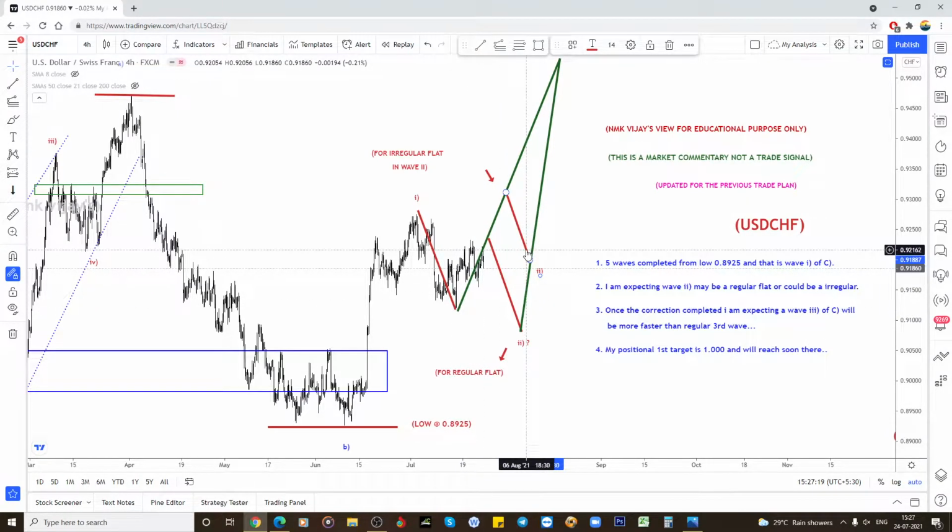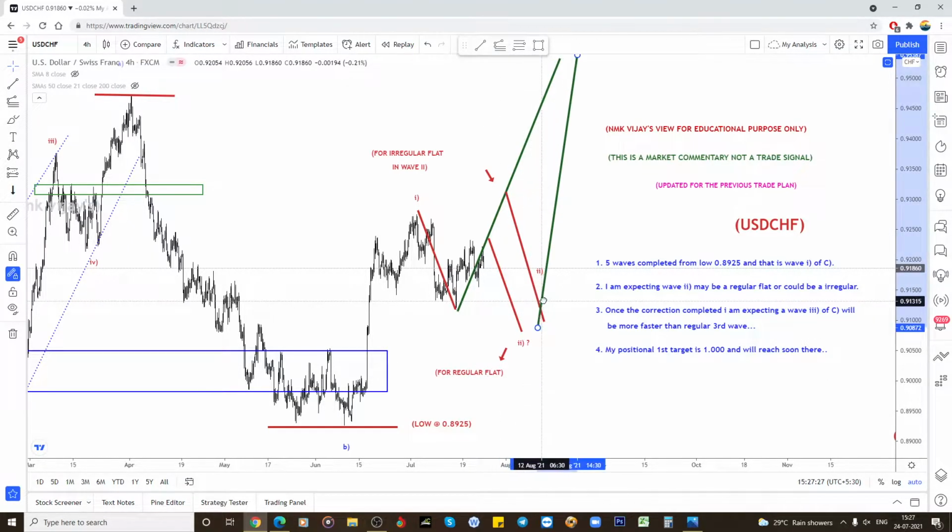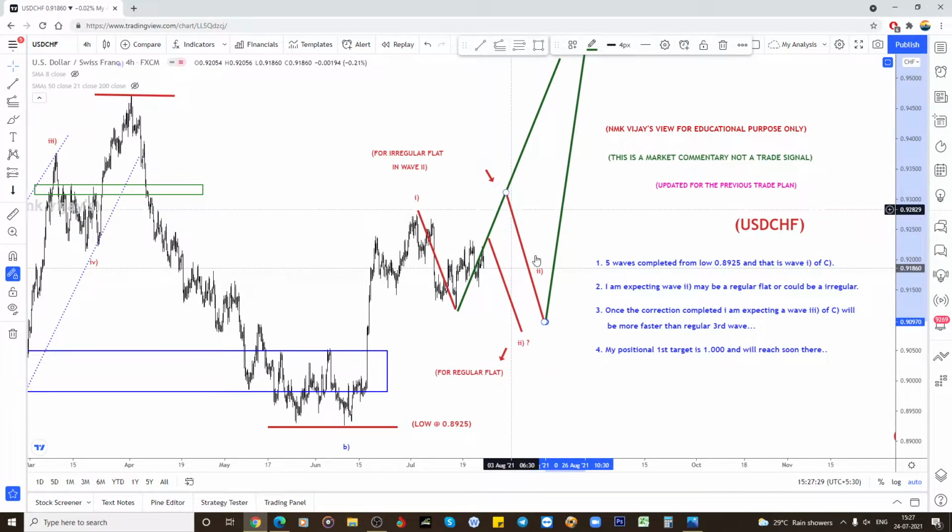But if the market is very aggressive, and if there is any fundamental news, it could reach like this. After that, this could be an expanded flat. So in the irregular flat formation, the trading is very tough, because we can't know whether it is doing an expanded flat or a running flat.